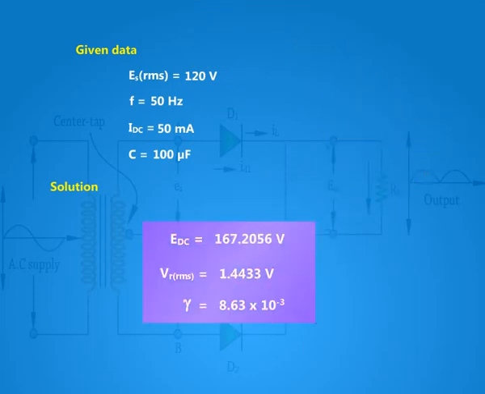Finally, we get EDC is equal to 167.2056 volts, VR RMS is equal to 1.4433 volts, and gamma is equal to 8.63 into 10 to the power of minus 3.